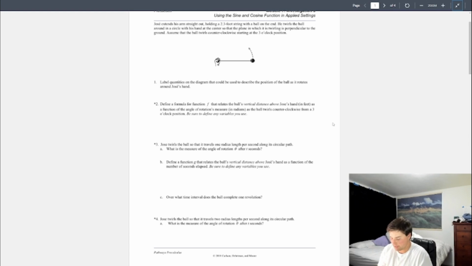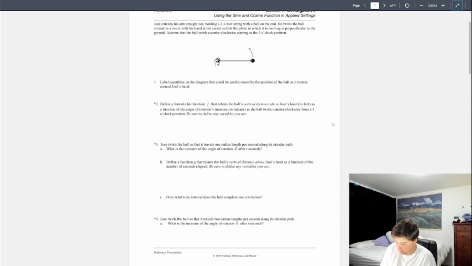Okay, let's write it down. 1 radius length per second. It just is the seconds.